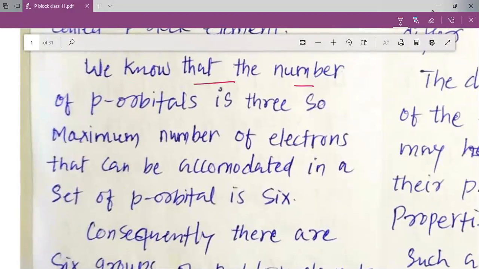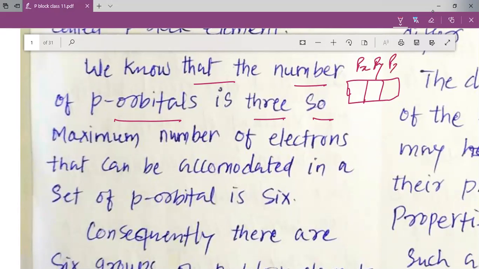We know that the number of p orbitals is 3. We generally represent them in this manner: px, py, and pz, and thus we can fill 3 electrons in the clockwise manner and 3 electrons in the anti-clockwise manner. So in total we can fill 6 electrons.